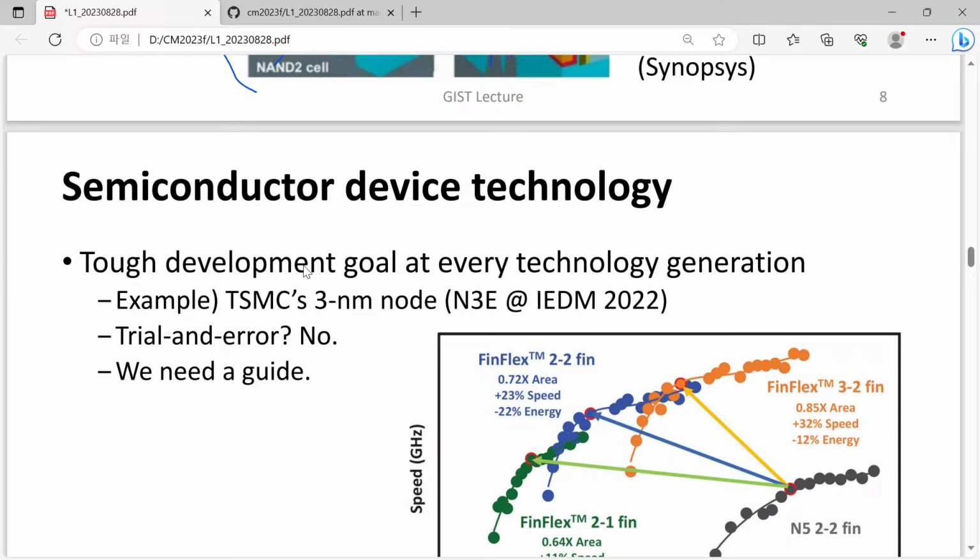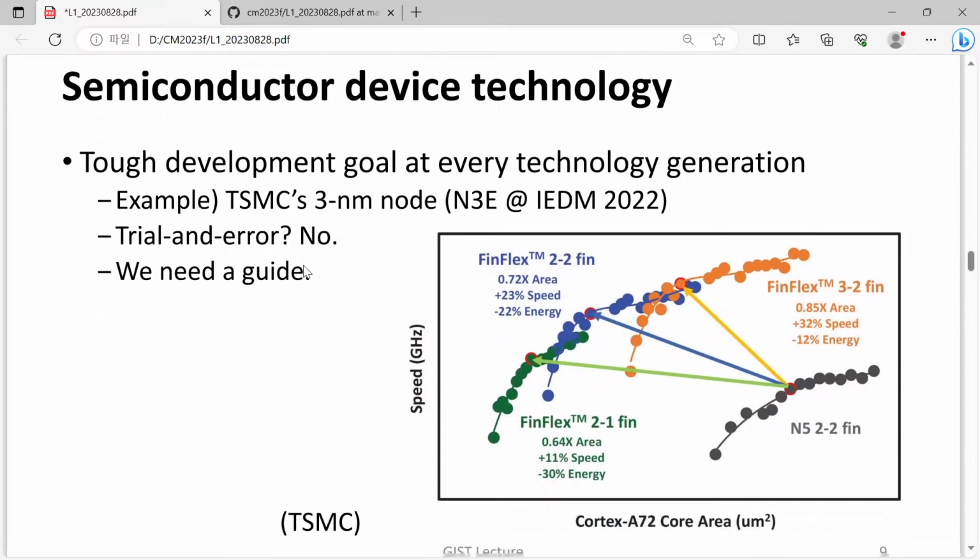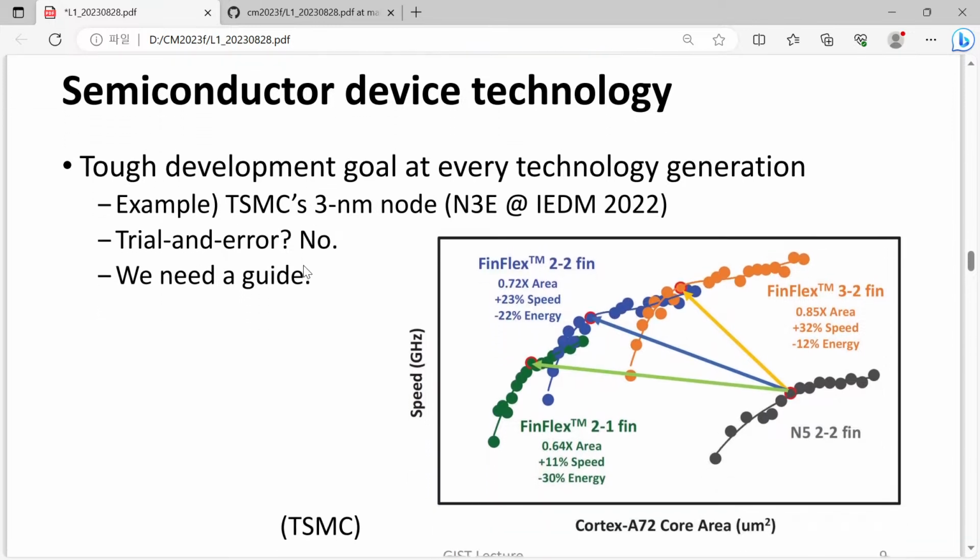It becomes more and more difficult and important to develop next generation device technology. It becomes even more like a geopolitical issue these days. So the point is, semiconductor device technology is always pressured to improve its performance every given period.